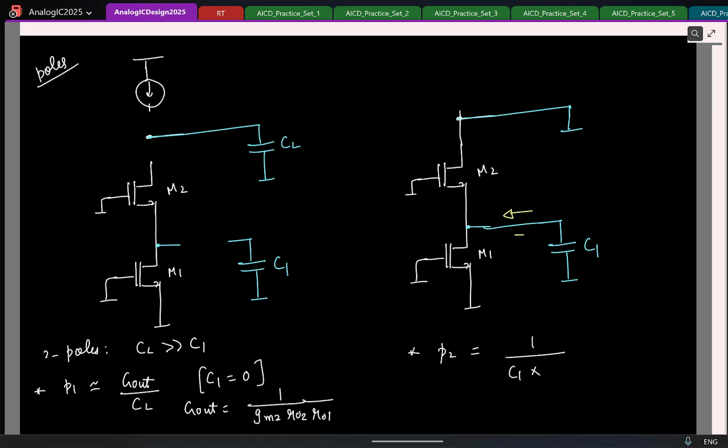First of all, what is the resistance looking down? ro of M1. What is the resistance looking up? 1 by gm2, because the drain is basically a small signal ground. So this is nicely 1 by gm2. So what is the final output resistance? 1 by gm2 in parallel with ro1, how can you approximate it as? It's approximately 1 by gm2. So this is basically gm2 by C1. And in this case, I assume that CL is infinity.